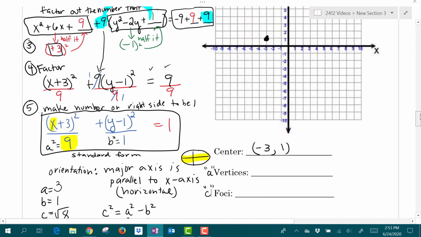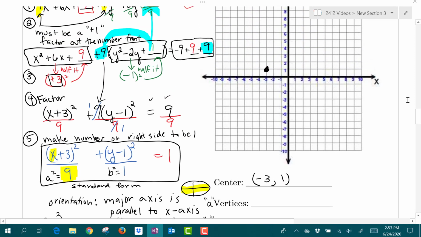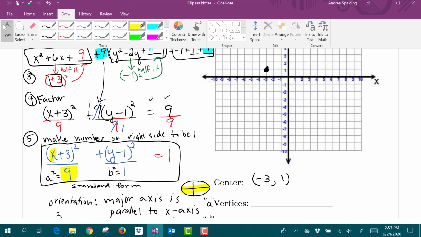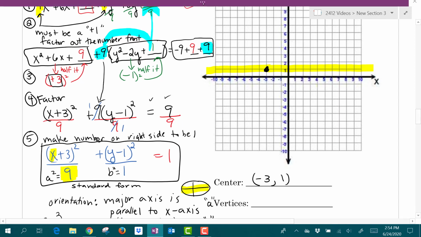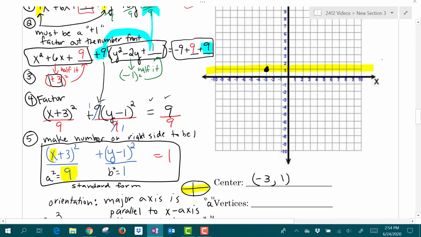Let's go back up to our picture. Okay, we determined that we have a horizontal major axis, so I'm going to draw a horizontal line just to remind ourselves that everything we care about, all the important things we plot, have to be along this major axis. Alright, so we said the A value is 3, so we're going to go to the right 3 units and plot a point.